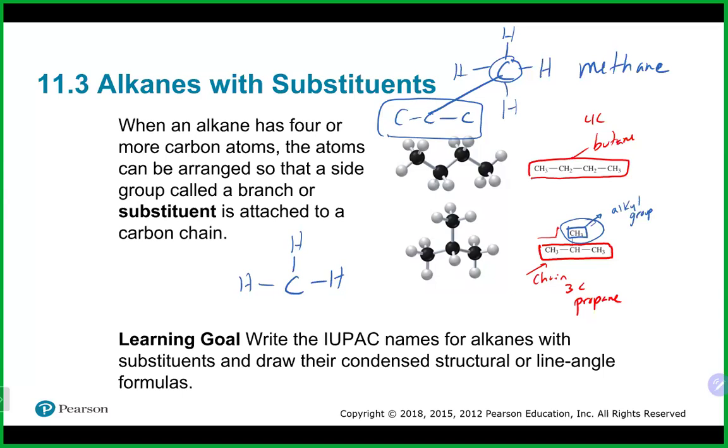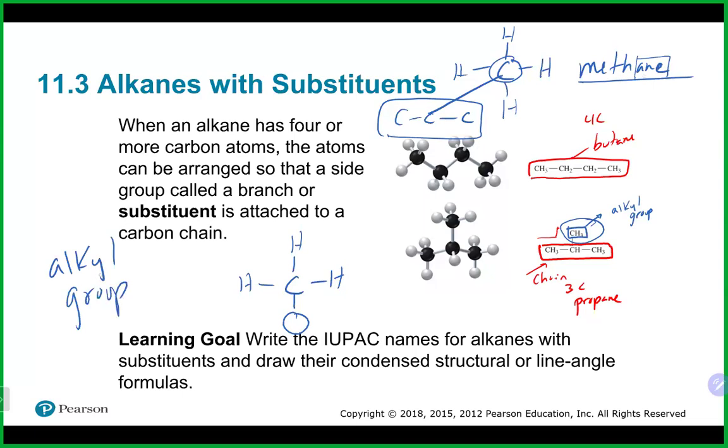So what makes something a group, and the ability for it to be a group, is it will be missing a hydrogen. And where it's missing the hydrogen is where it's able to attach to the main carbon chain and still have the correct number of electrons and not have too many electrons. So instead of this being methane, ANE, which is an alkane, this is an alkyl group because it's carbon based.